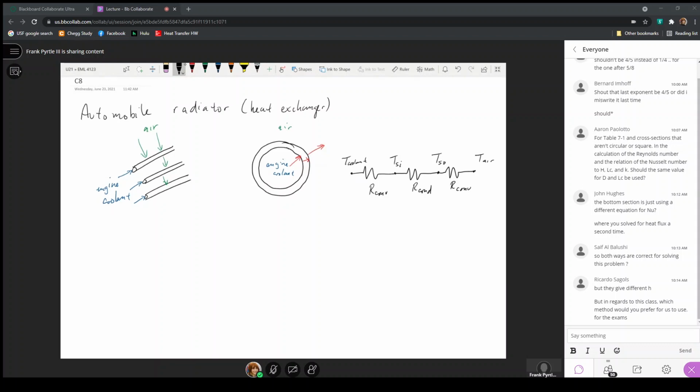In these definitions for the convection is where we'd have the heat transfer coefficient, in that the convection here would be 1 over h sub i times the surface area on the inside, where h sub i is the heat transfer coefficient on the inside of the pipe. The heat transfer coefficient on the outside, h sub o times the surface area here, where this h sub o would come from a consideration of the flow of air over a circular cylinder.